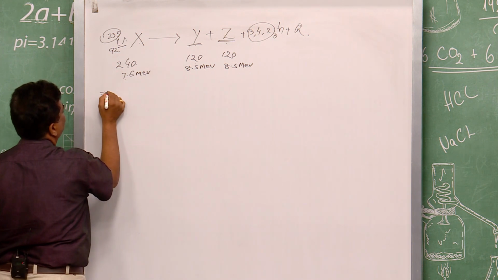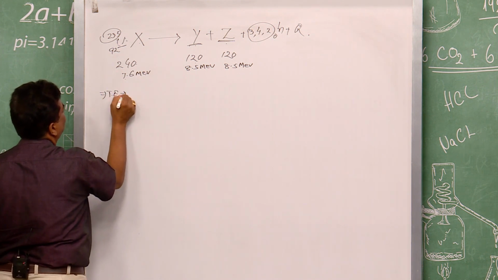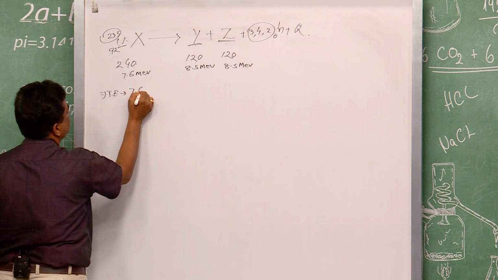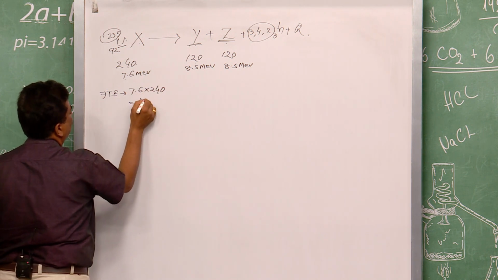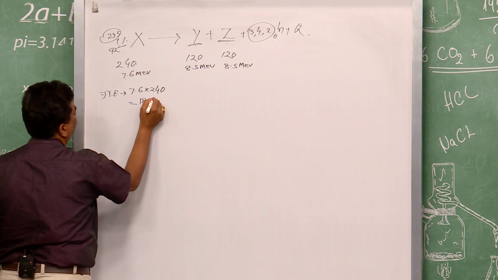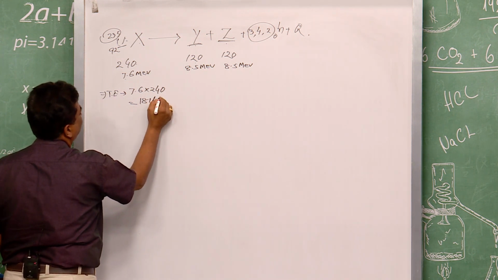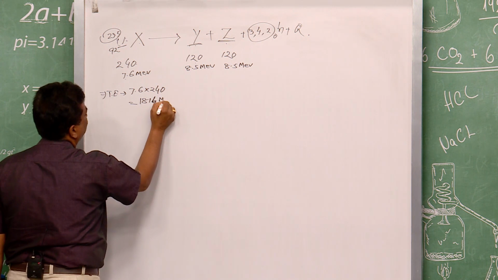So this is 7.6 for the 240 nucleus. Then what is the total energy here? We multiply 7.6 into 240, which gives 1824 MeV.